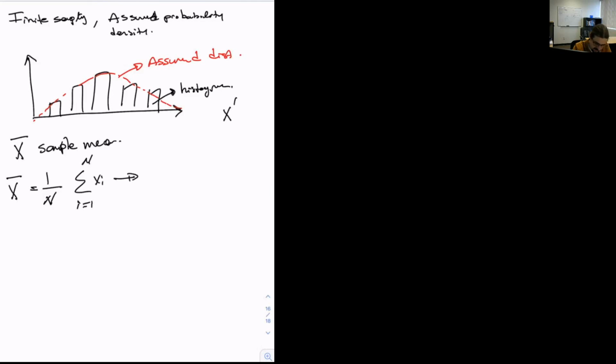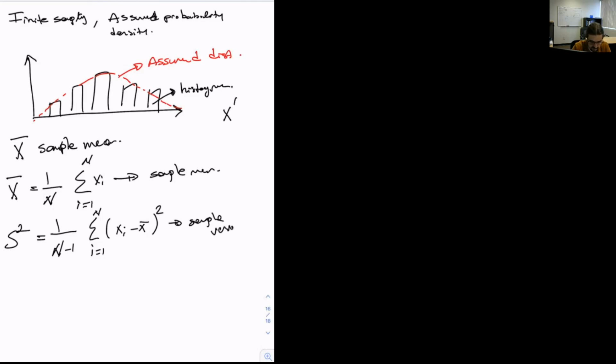So that's the sample mean. Your sample variance is going to be 1 over n minus 1 times the sum of squared deviations, that's the sample variance. Then your standard deviation is going to be the square root of your sample variance.